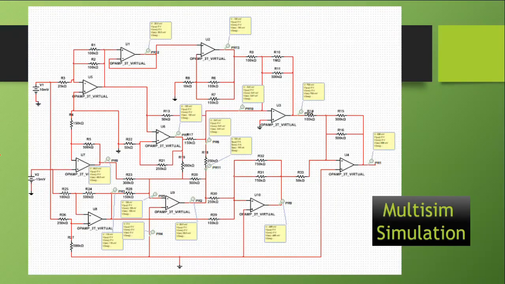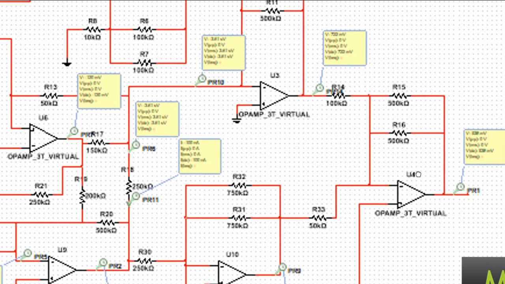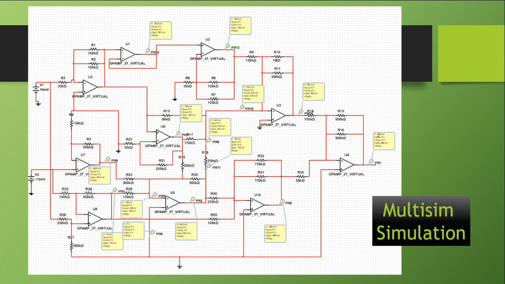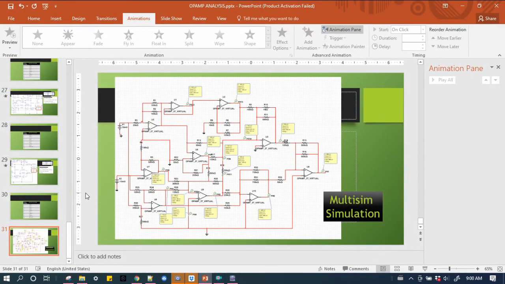Also, we can check if our calculations or our analysis is correct by placing it in a simulation software. For example, here I have a Multisim simulation, and I was able to verify that my answers are correct.